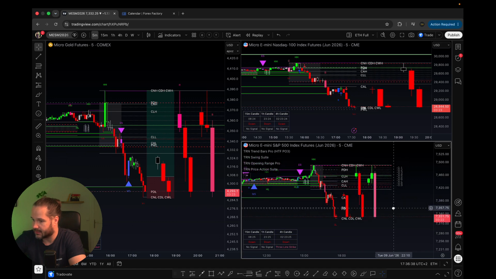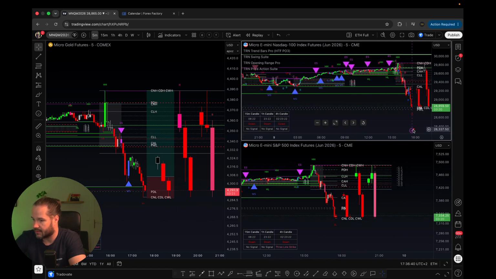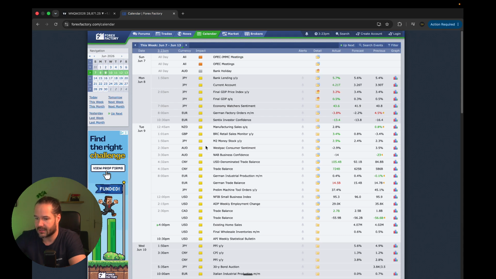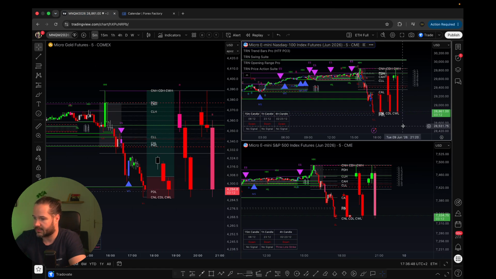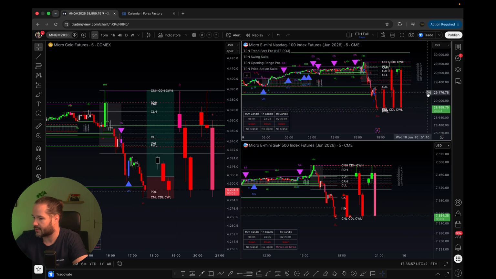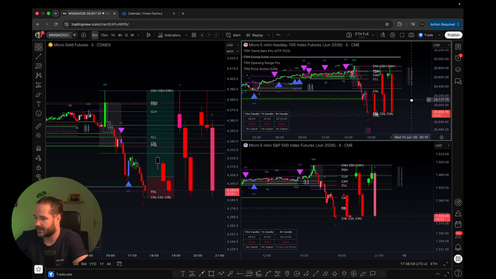Let's take a last look here on NQ and ES. The market looks so horrible. I don't know if there are bad news or something, because I checked the calendar and there's nothing special today. So it's probably, I don't know, another strike on Iran or Strait of Hormuz, another conflict between US and Iran, or Israel and Iran.